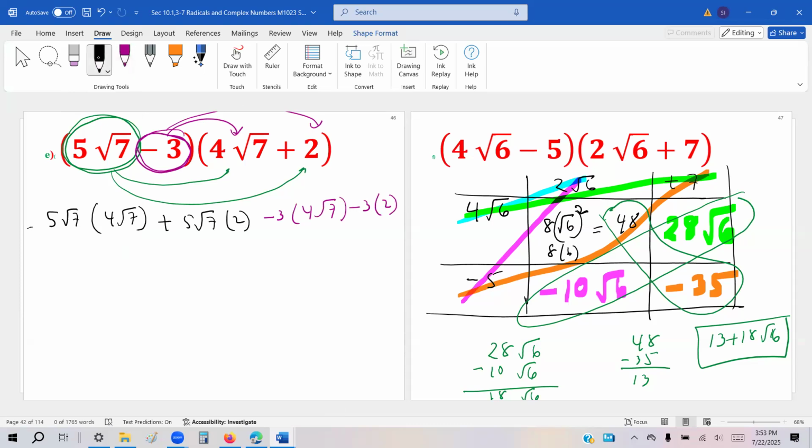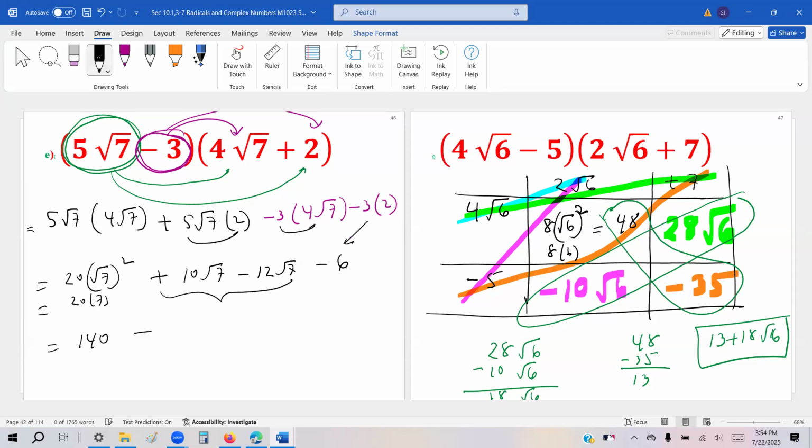And now all you have to do is multiply. 4 times 5 is 20 square root of 7 squared. That gives you 20 times 7, which is 140. Here we have 5 times 2, 10 root 7. Here we have negative 12 root 7. And this gives you negative 6.